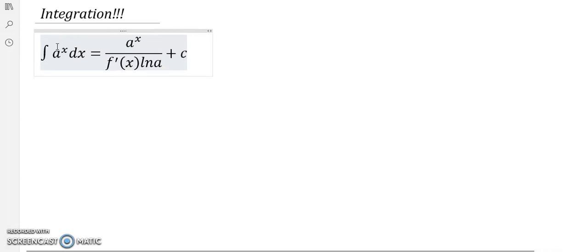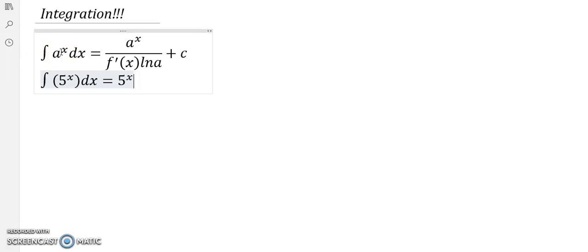Let's have examples under this. We've got the integral of 5 to the power x dx equal to 5 to the power x divided by, however, the derivative of x here, as you can see, f prime x is the derivative of x.